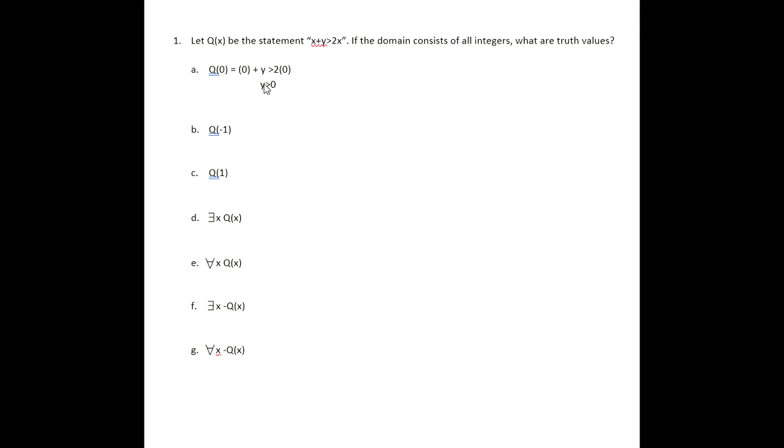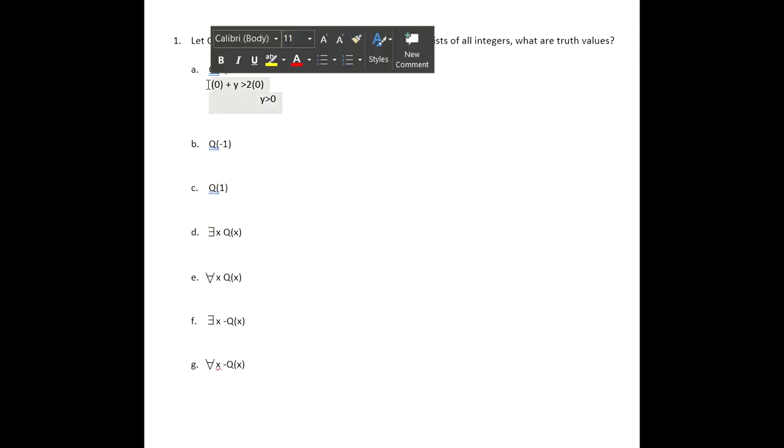If ibutang nato nga negative 1 si y, so negative 1 is greater than 0. So false chapon siya. Pero wala may value si y. So mahulog ani is false ang iyang truth values. Since wala man ni value si y para mahimong true ang iyang statement.